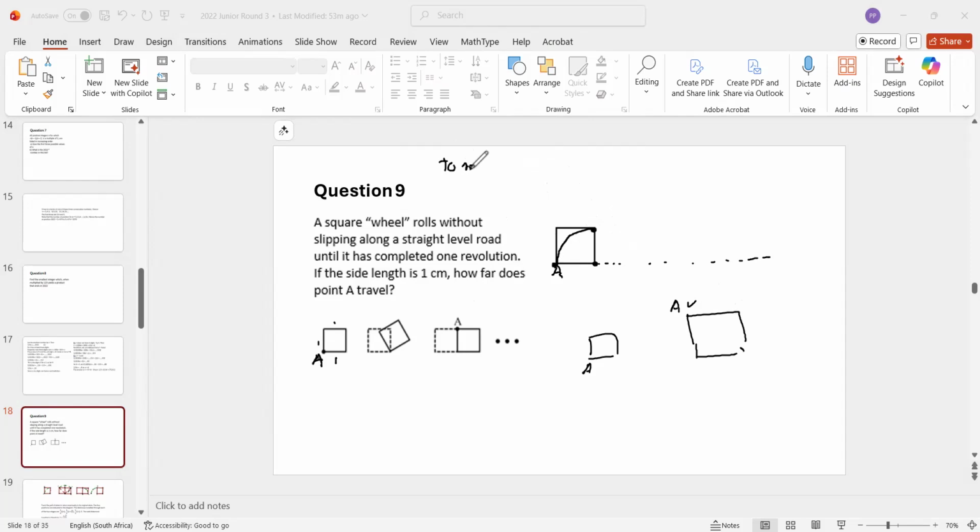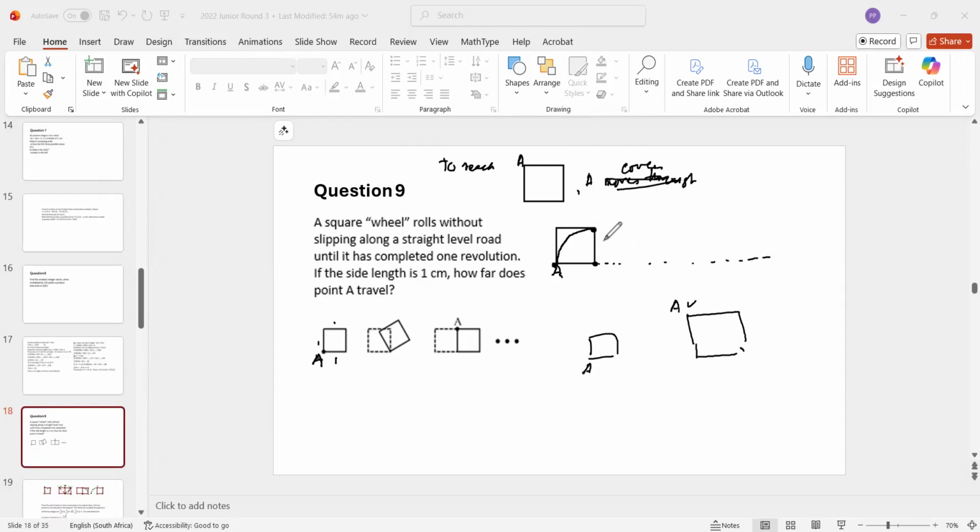To reach this position where A is now here, originally it was at the bottom, A covers this arc here.